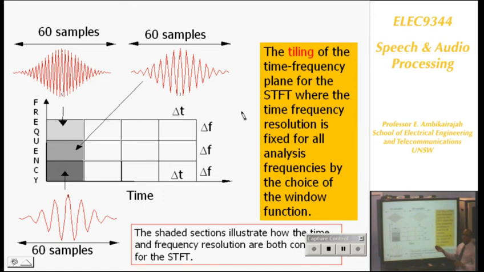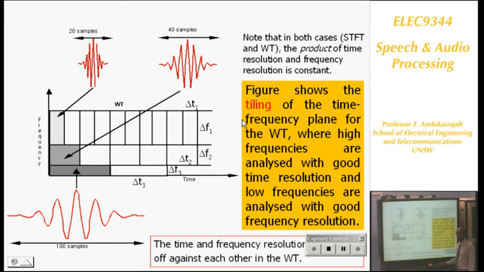I'll recap again. For the short time Fourier transform, remember the window is fixed, so frequency resolution and time resolution are fixed. For the wavelet transform, what happens? You use a smaller window at high frequency. You can see the frequency resolution here.